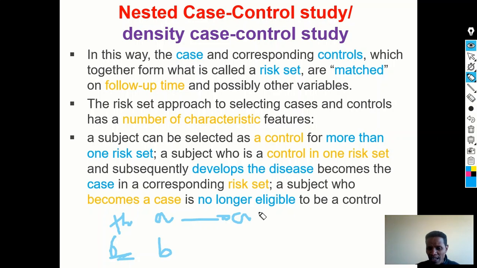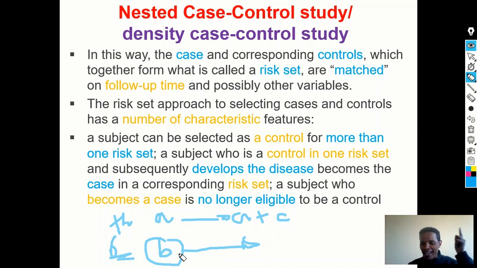Now you get an additional case, maybe C. Now in the 7th year, person B, who was selected as a control at the 6th year, may become a case during the follow-up period. At the 6th year he was a control, but during follow-up he may develop the disease. So B will be shifted from the control group to the case group.